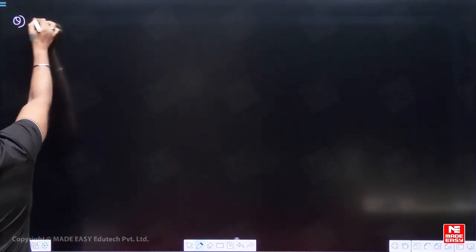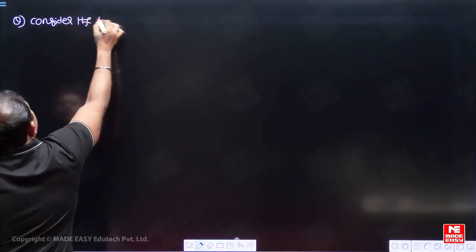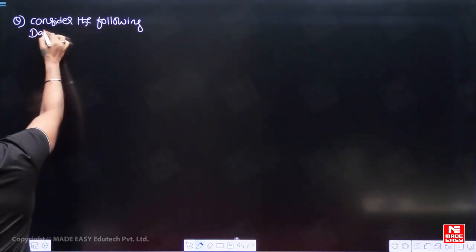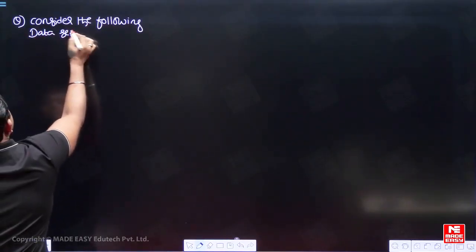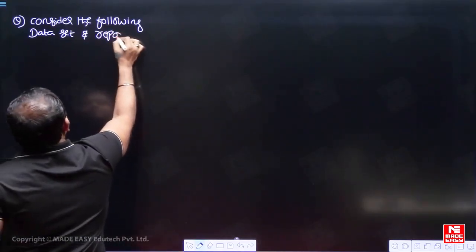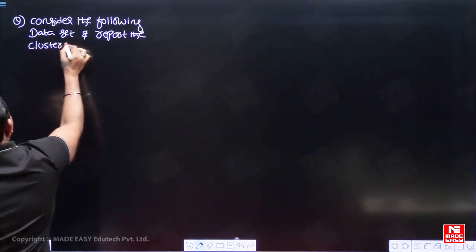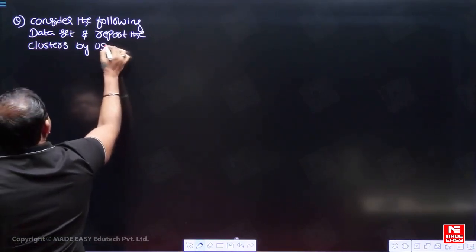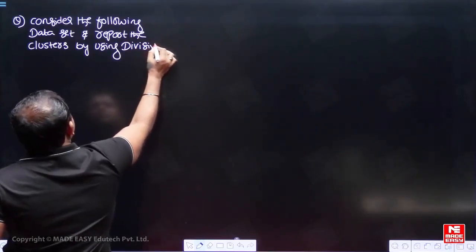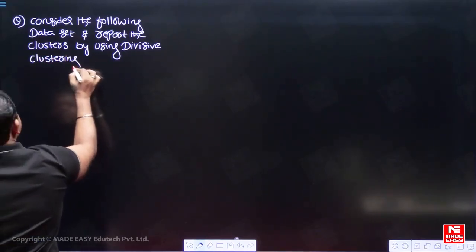Question is, consider the following data set and report the clusters by using divisive clustering method.